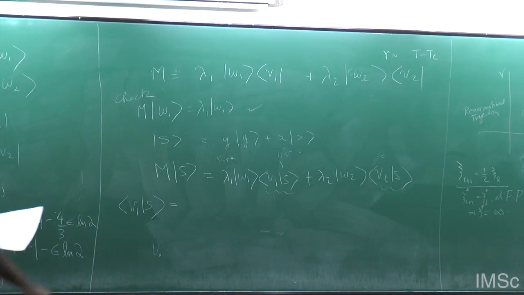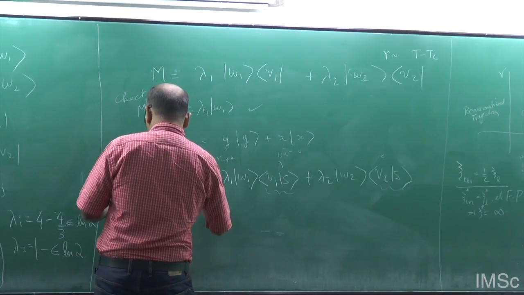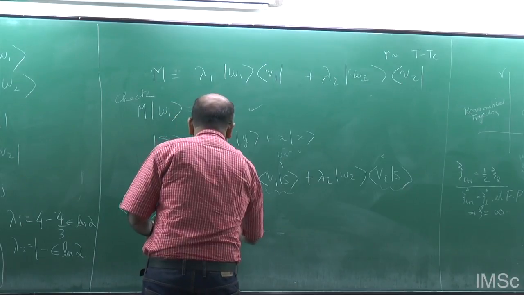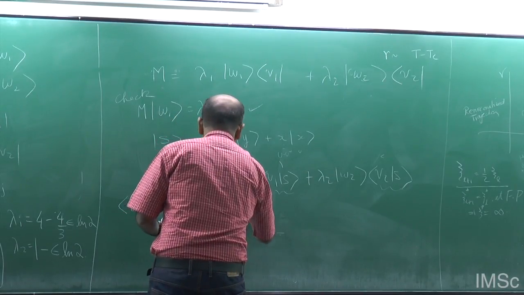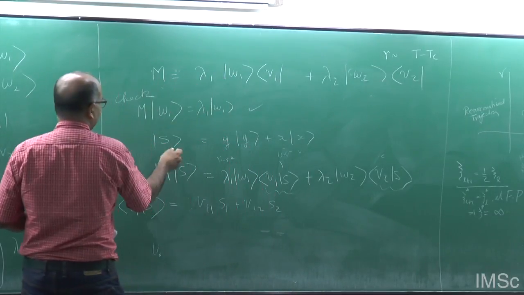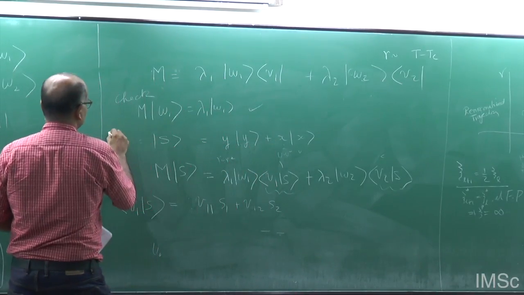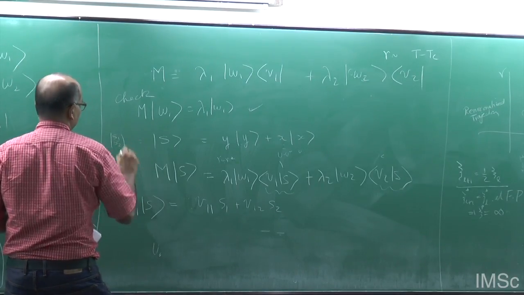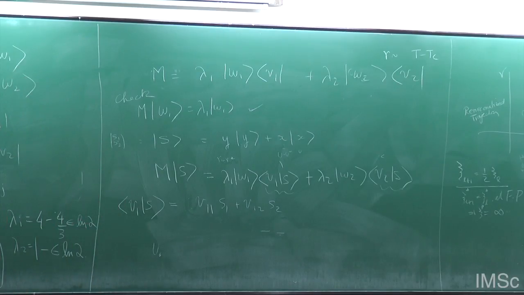I'll write this as V11 times S1 plus V12 times S2. By S1 and S2 I mean Y and X. So what is our V11? It's this. So I'll just give it names here. This is your V11. This is your V12. Okay.